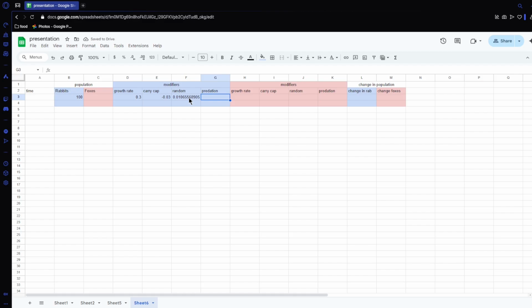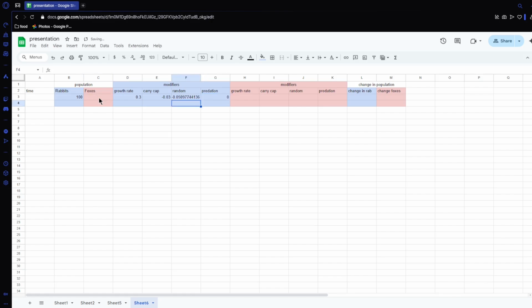And how many rabbits are eaten per fox? Well, let's just make up a number. Again, we're thinking really small numbers. So just for the sake of the example, let's pick 0.001. And again, it's based off of which population? The fox population.